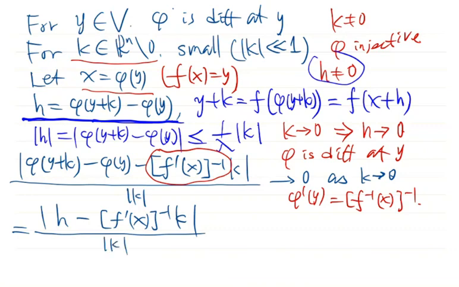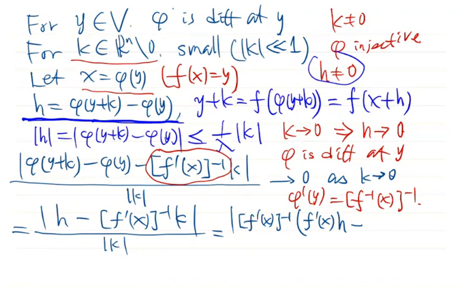But we can write the numerator as the inverse matrix of the derivative applied to f prime x h minus k.